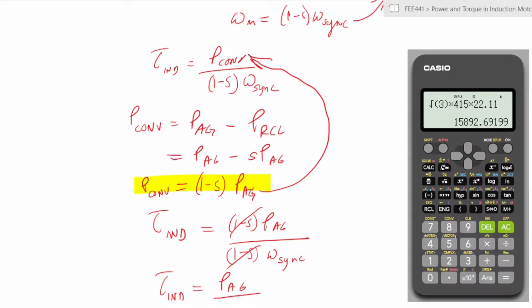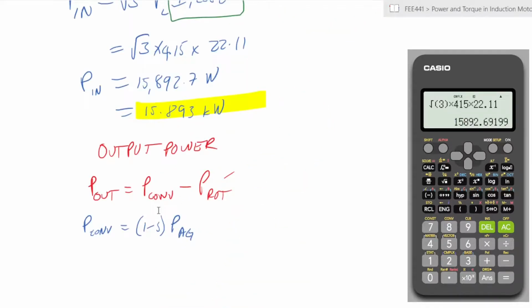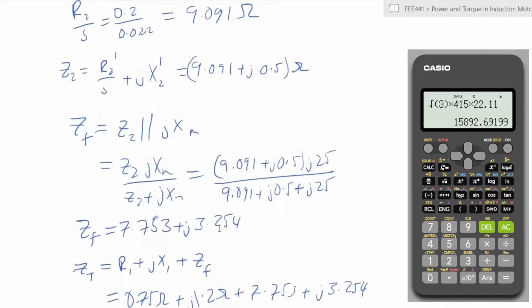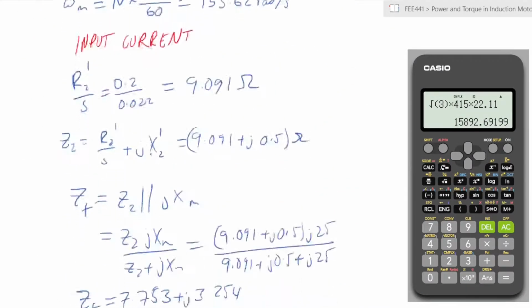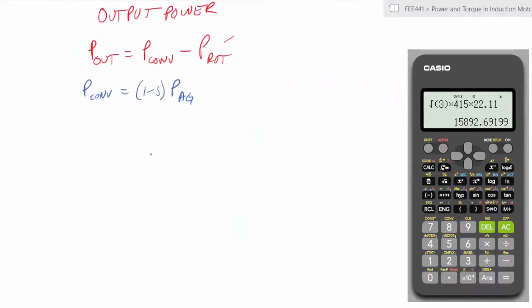So far, we've gotten back to the air gap. We are in between the rotor and the stator, so we are somewhere around here at that point. That is air gap power. Moving further backwards, how is air gap power related to input power? We say P AG is equal to input power minus stator copper losses minus core losses.